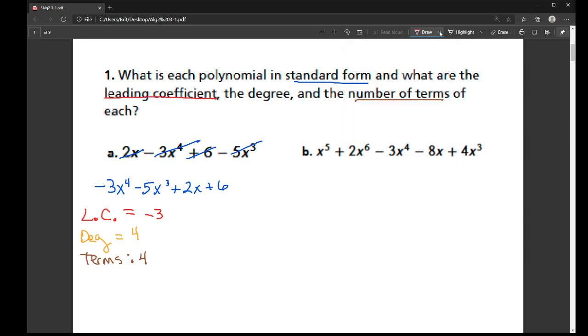Alrighty, so let's try this again. Standard form, counting down, I have a 2x to the 6th as my highest exponent. I have an x to the 5th. I have a -3x to the 4th. I have a cubic term and my linear term.